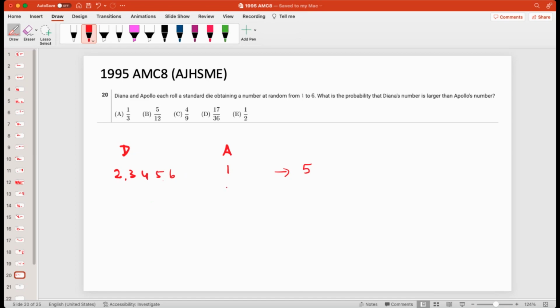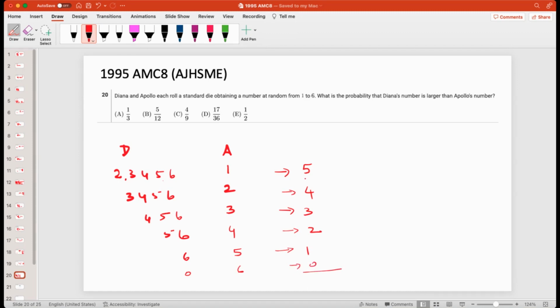Now Apollo rolls a 2. Diana can have 3, 4, 5 or 6. So there are 4 possibilities here. Then if this is 3, then she will have 4, 5 or 6, so 3 possibilities. Now if this is 4, then there will be 5 and 6, so this will be 2. If this is 5, this will be 6, so this is 1. If this is 6, there won't be any possibility, so 0.